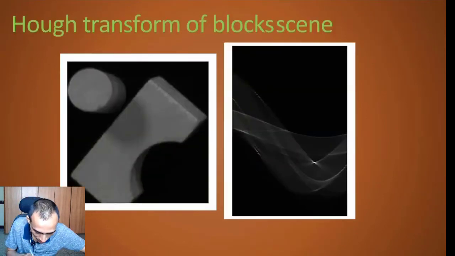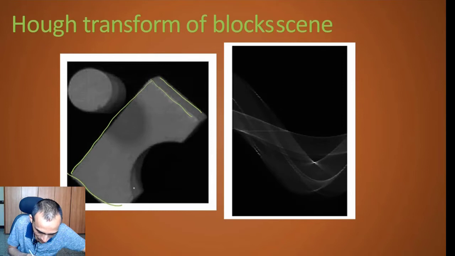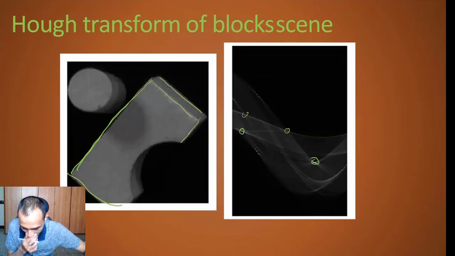This is again a block scene, some random scene, but it has some straight lines. Probably this is the longest line, so it has the maximum count. But we also see some other bright points, which correspond to smaller line segments, and so on.